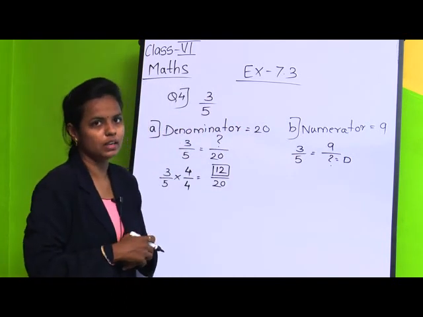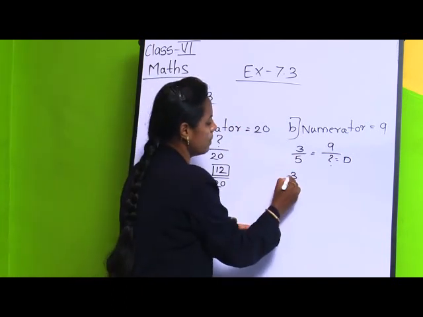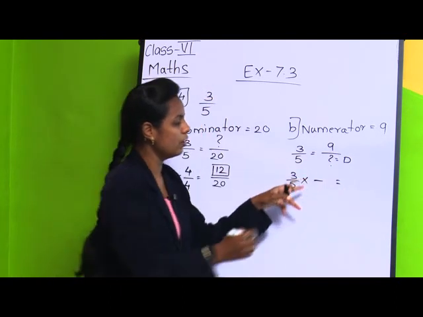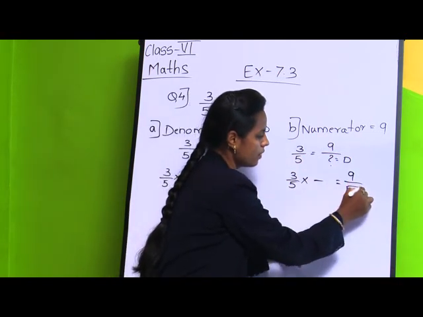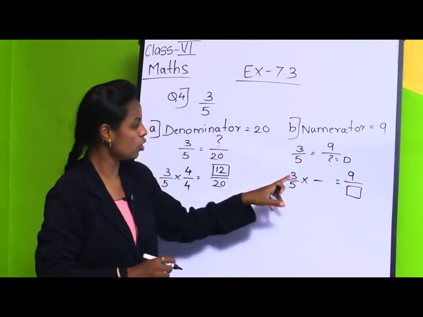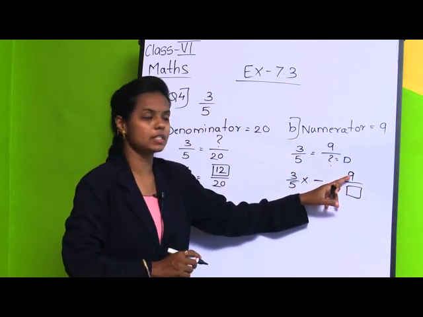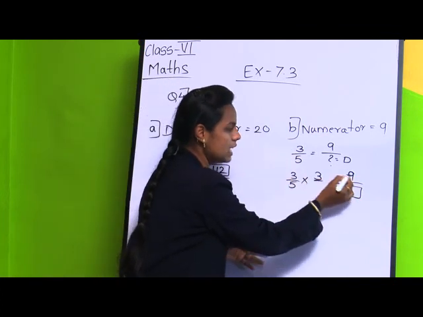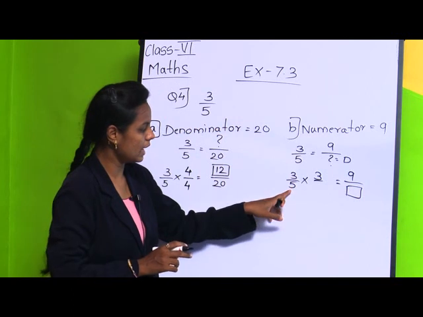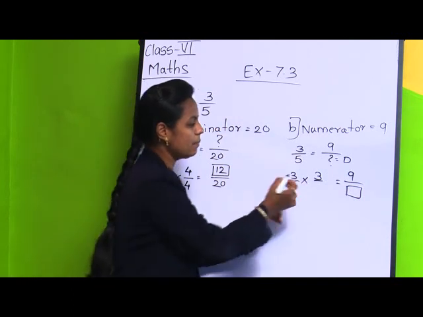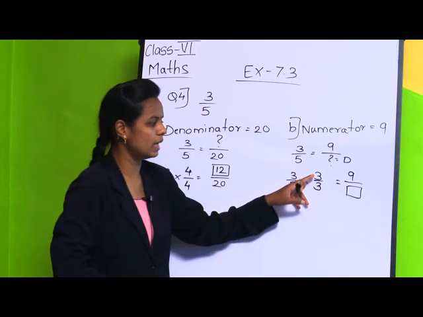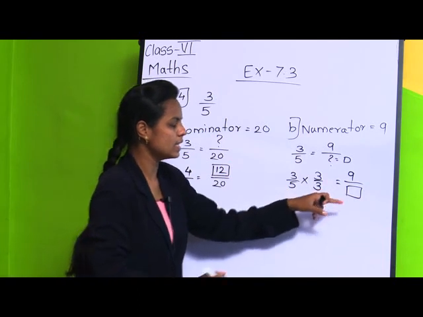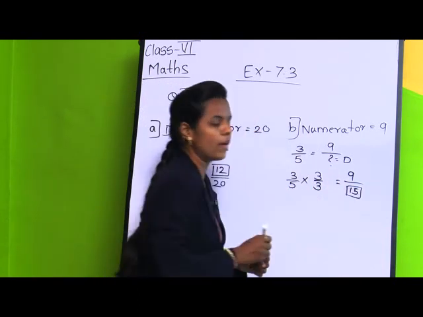Again here we have to multiply by the same number. 3 multiplied by which number gives the answer 9? It is 3. 3 3s are 9, right. So, here again 5 multiplied by 3 we have to do, because in the numerator we have multiplied by 3, in the denominator also we have to multiply it by 3. So, 5 3s are 15.